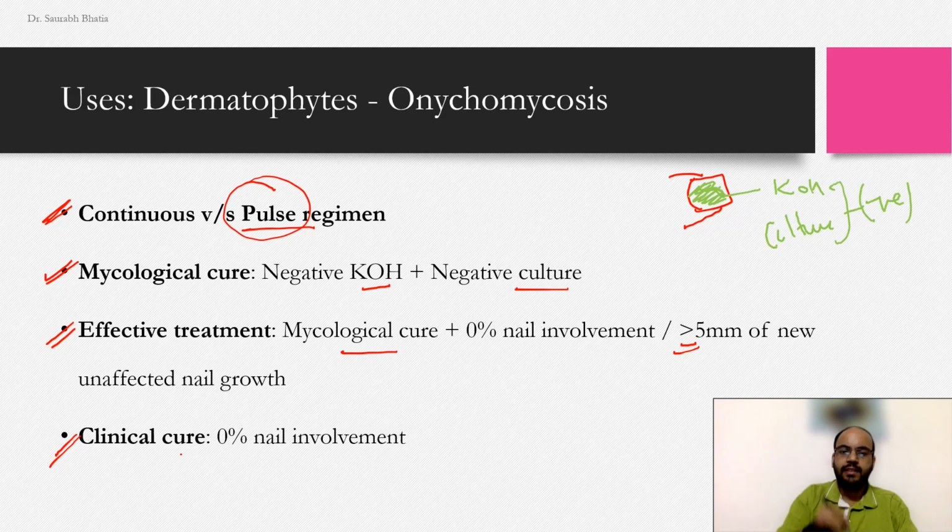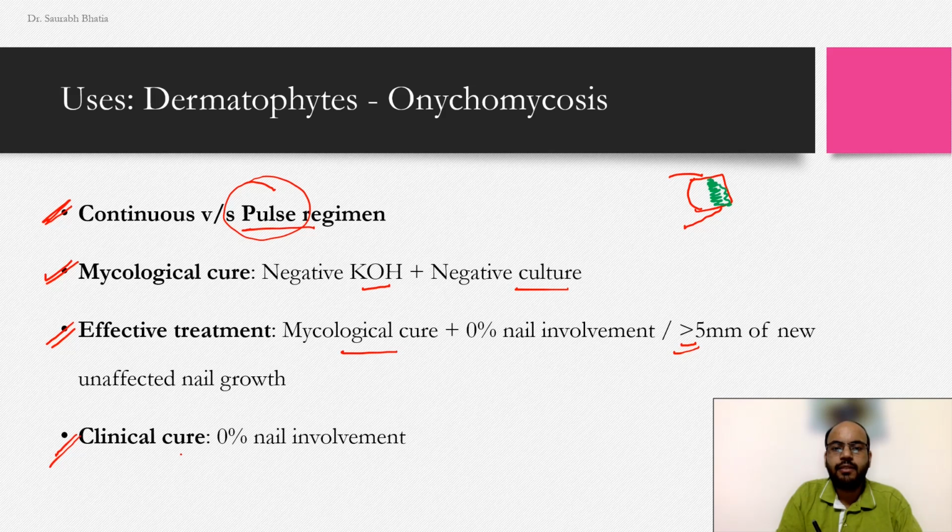That means you have cured the fungus. But if you have mycological cure, that means KOH and culture negative, and more than 5 mm of new nail is visible, that is known as effective treatment. And if there is no nail involvement, the nail is completely fine, it becomes clinical cure.